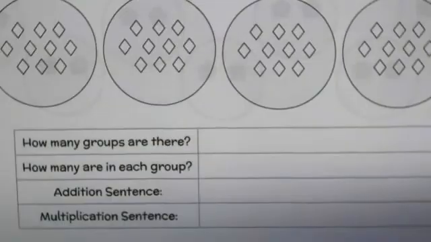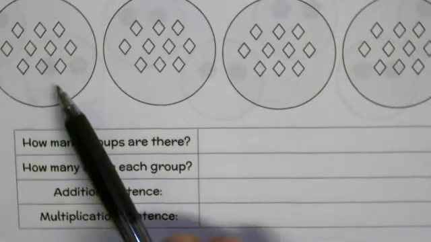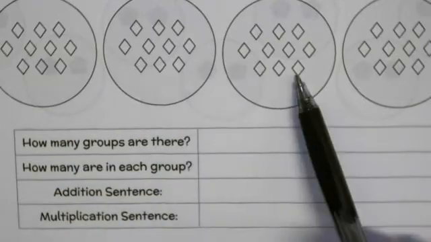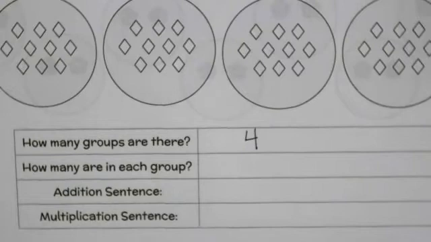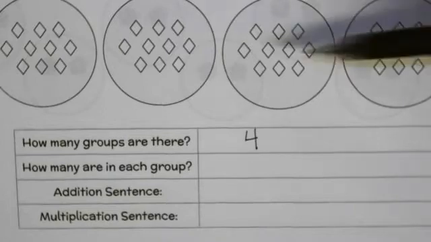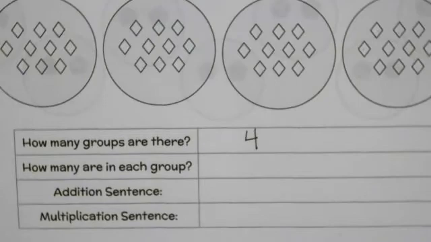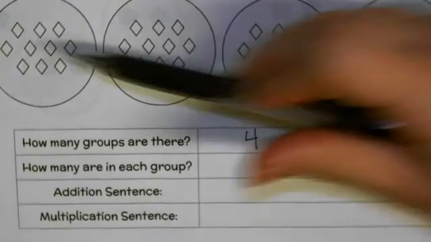Let's try another example. All right. How many groups are there? 1, 2, 3, 4. How many are in each group? 1, 2, 3, 4, 5, 6, 7, 8, 9, 10. And I can see that the pictures look the same here, so it must be 10 in each one.